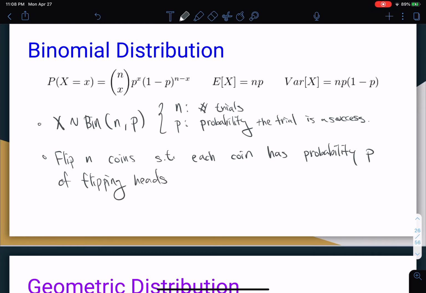In other words, each coin is a Bernoulli random variable. Each coin is Bernoulli with p. And we have the expectation and variance. The expectation makes a lot of sense because if you flip n times with probability of heads of p, you expect the expected number of heads to be n times p. Likewise for variance.